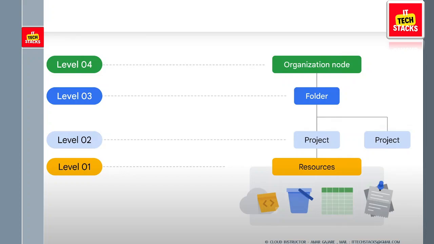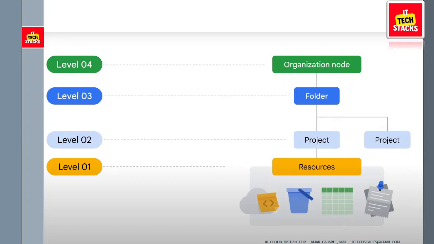Policies can be defined at the project level, folder level, and organization level. Some Google Cloud services allow policies to be applied to individual resources. For example, we may apply them on a specific table, row-wise, column-wise, a specific cloud storage, or specific machines. You can apply policies at the service level.